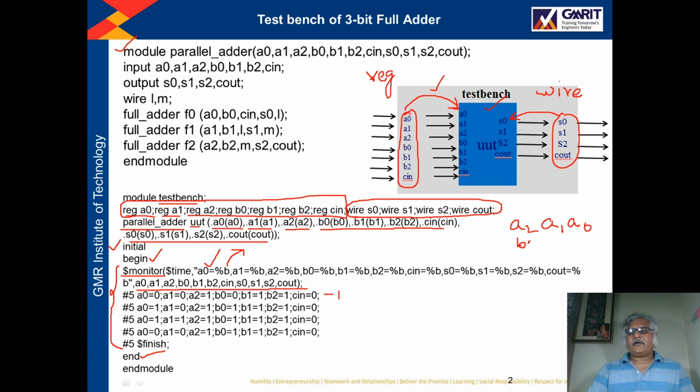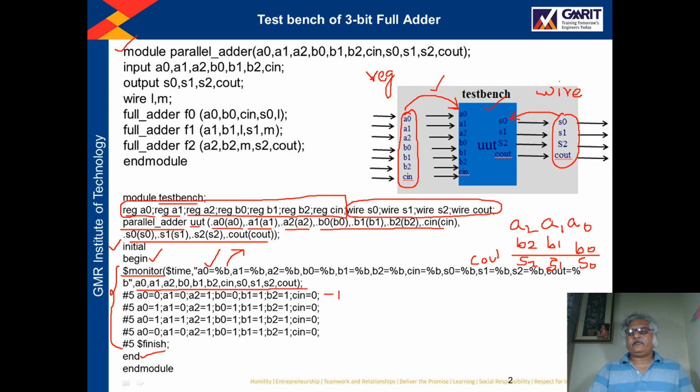This will be added with the second 3-bit number which is B2, B1 and B0. So this addition will be performed and we will get S0, S1, S2 and the final Cout.